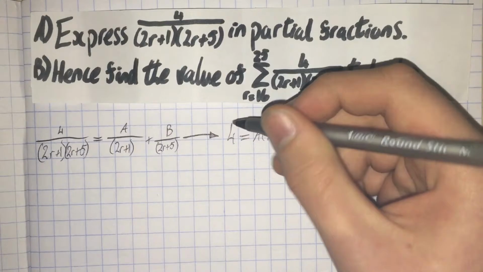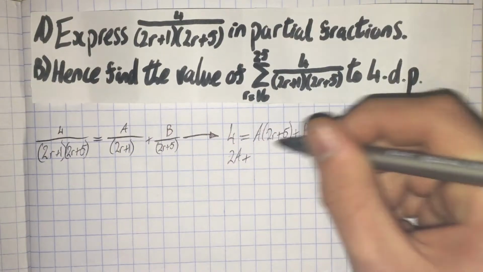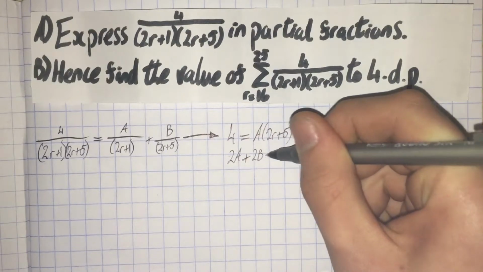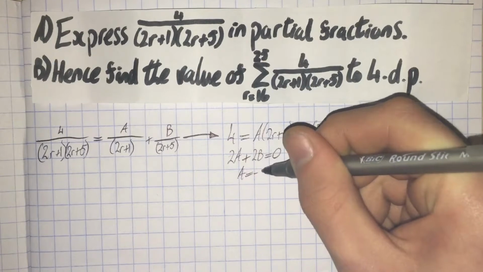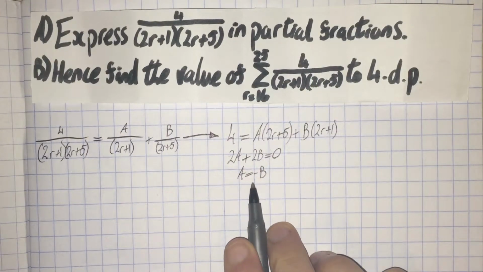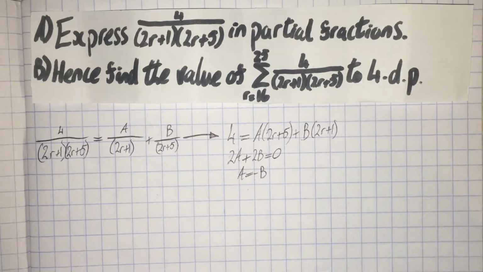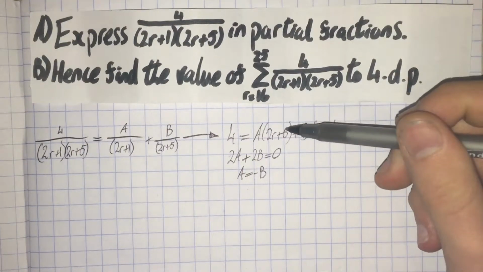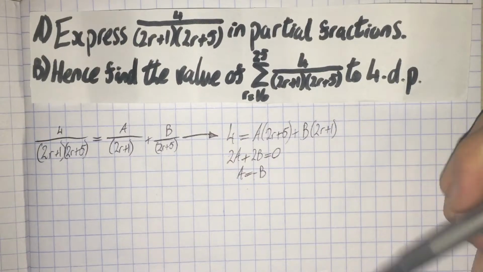So that is 2a plus 2b equals 0, which means a equals minus b, or vice versa. And that is very helpful, because it means we only have to find out one of these constants. Our other equation is 5 times a plus 1 times b equals 4.